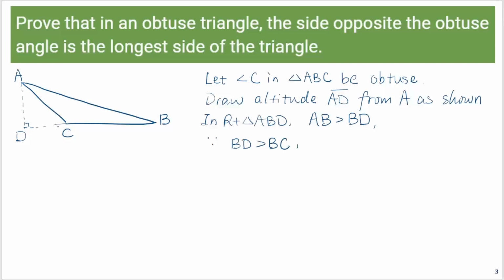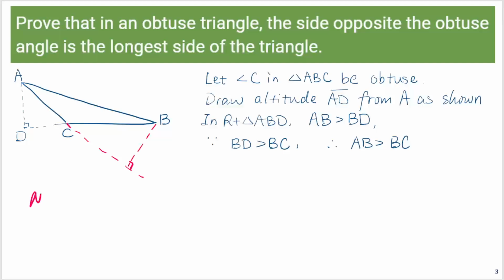Therefore, AB is longer than BD, BD is longer than BC, so AB is longer than BC. So at least we have already proved AB is longer than BC. Similarly, we can draw an altitude from B to show that AB is longer than AC.